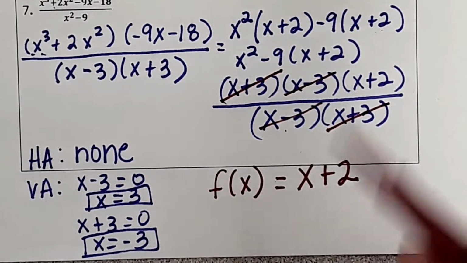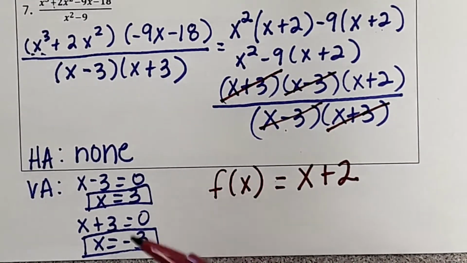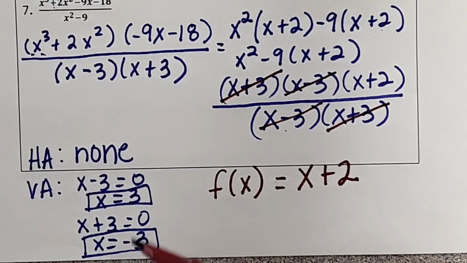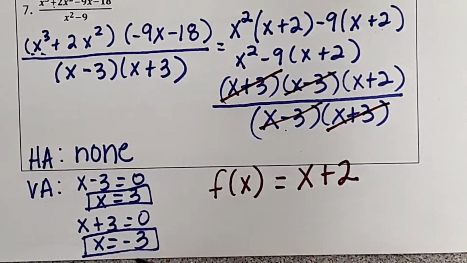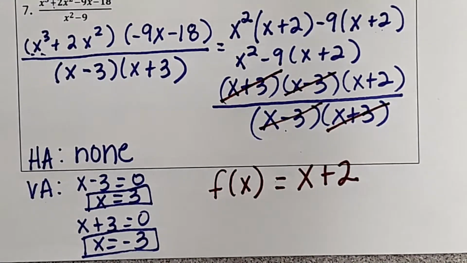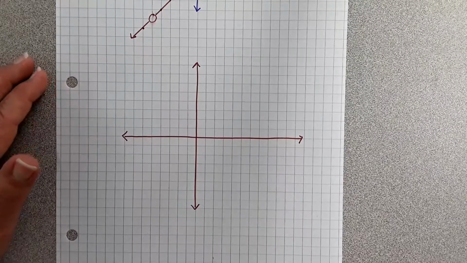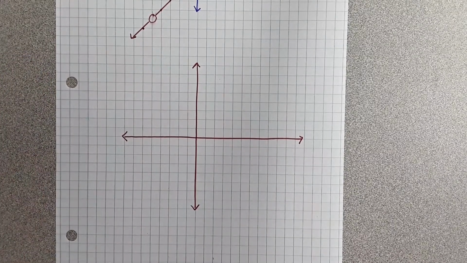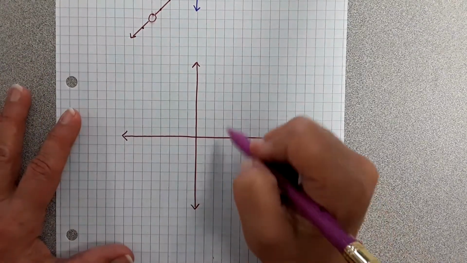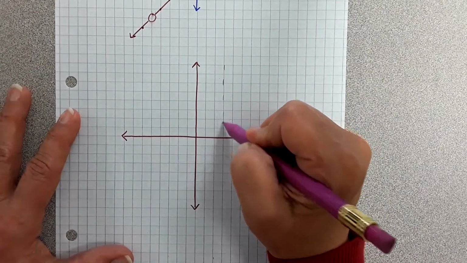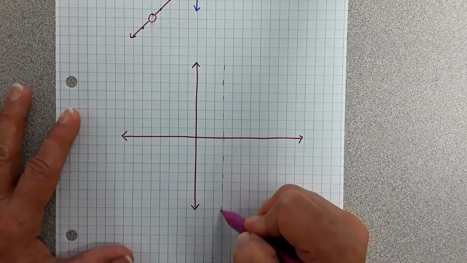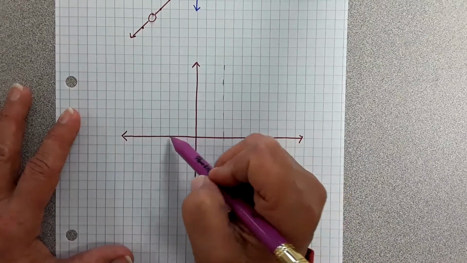Now, you guys, this time we actually have 2 points of discontinuity. We have one at 3 and one at negative 3. So when we get to 3 and when we get to negative 3, we should have open circles. So let's go ahead and graph this. Again, you guys, I'm just lightly going to put in a line for both of my vertical asymptotes.